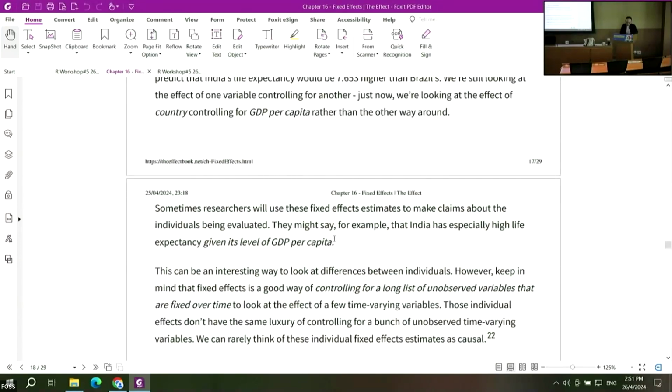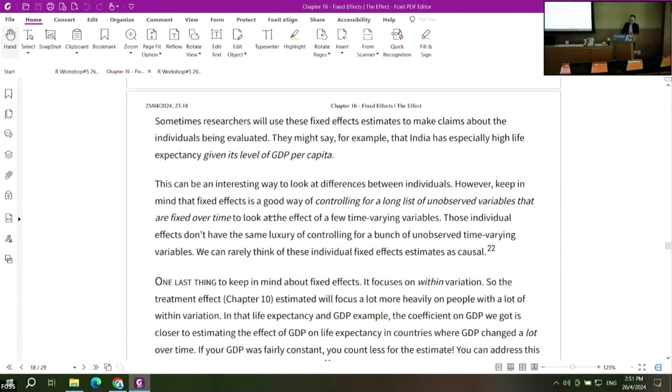So that's it. And then researchers oftentimes use fixed effects to make claims about the individual being evaluated. You control for the country level GDP, like, given India has especially high life expectancy given its level of GDP per capita.